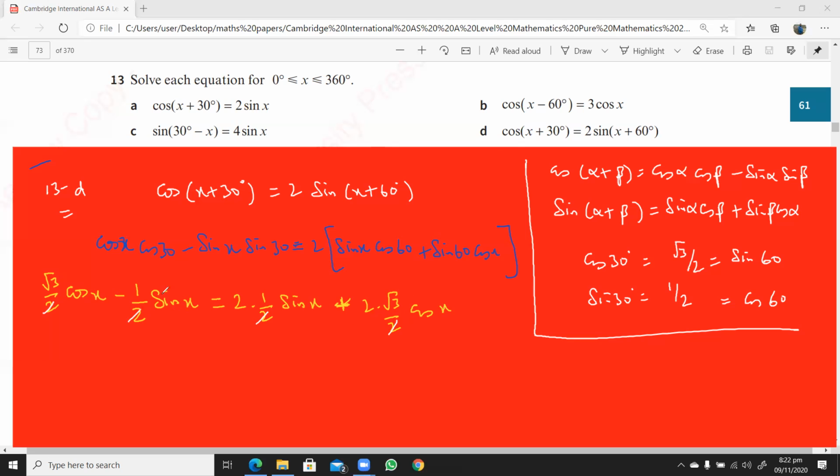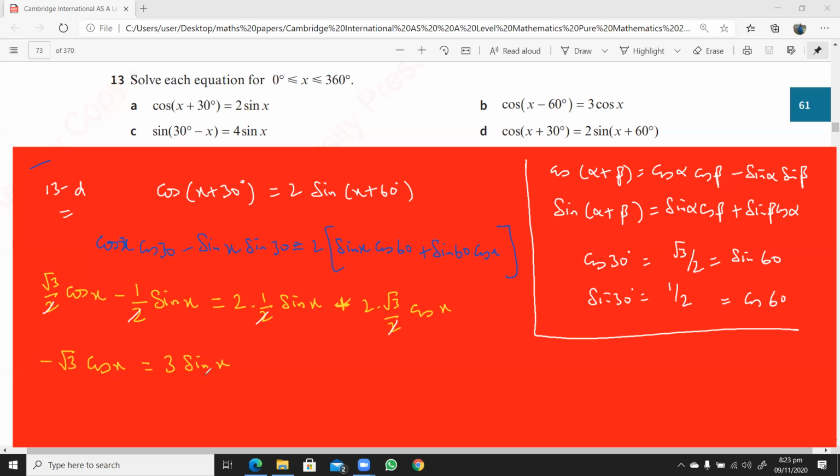So I can move this to the other side. So root 3 cos x and 2 root 3 cos x gives us minus root 3 cos x. This minus sin x, and this is 2 sin x. I can shift this to the other side. So this is going to be 3 sin x.